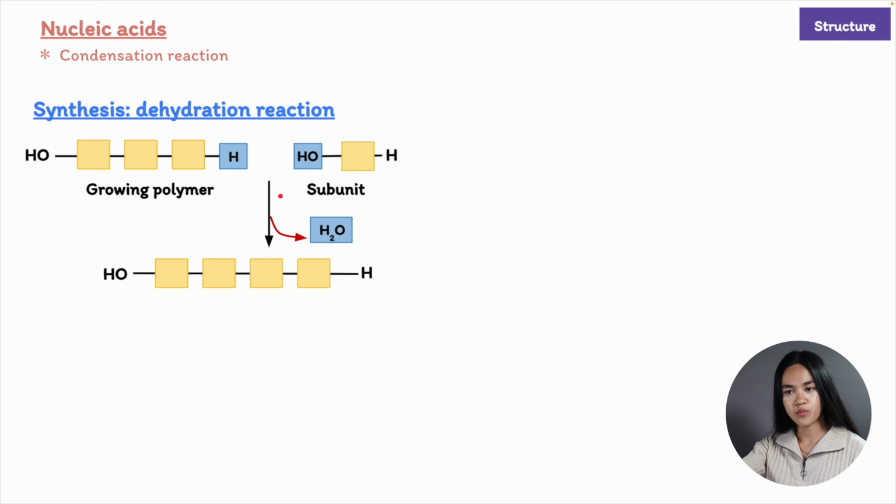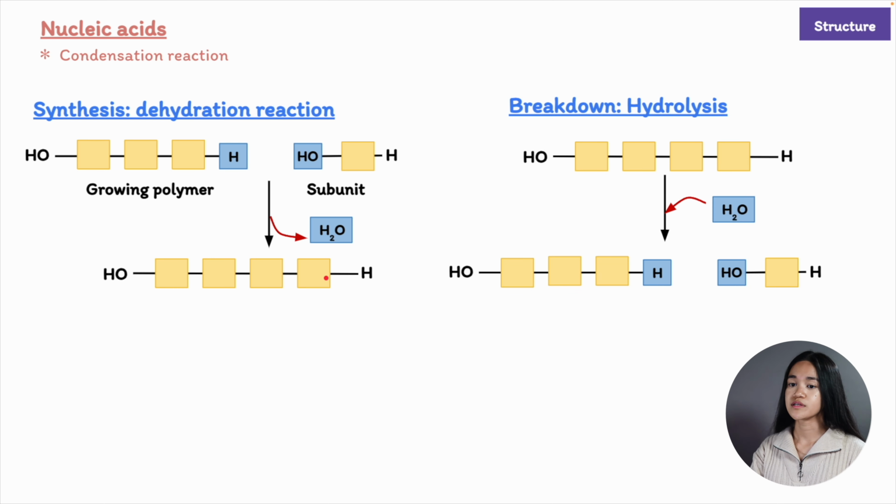Between these two monomers that are combining, one monomer provides the hydroxyl group, the OH, while the other provides a hydrogen. This reaction is repeated as new monomers are added to the chain and we make a polymer. To break down polymers into monomers, this is done by hydrolysis, the reverse process of the dehydration reaction.